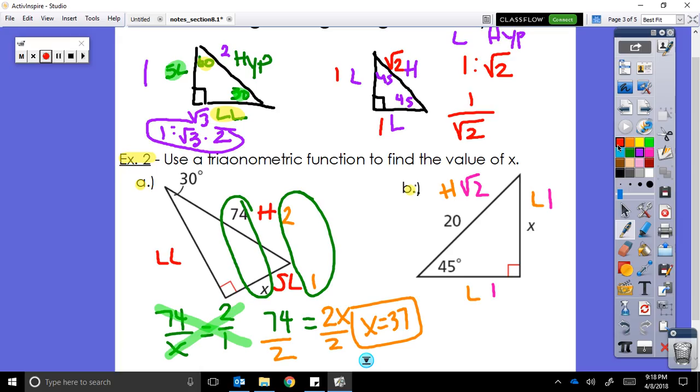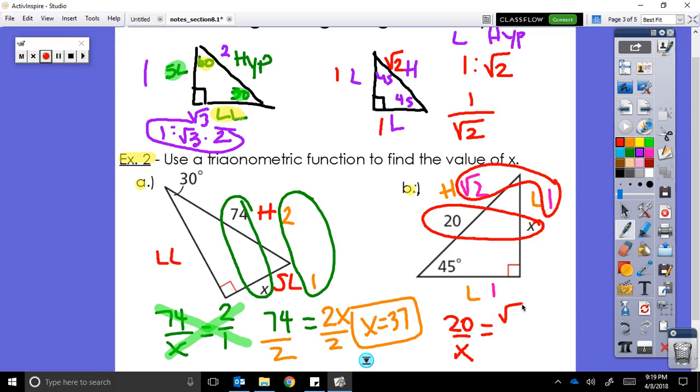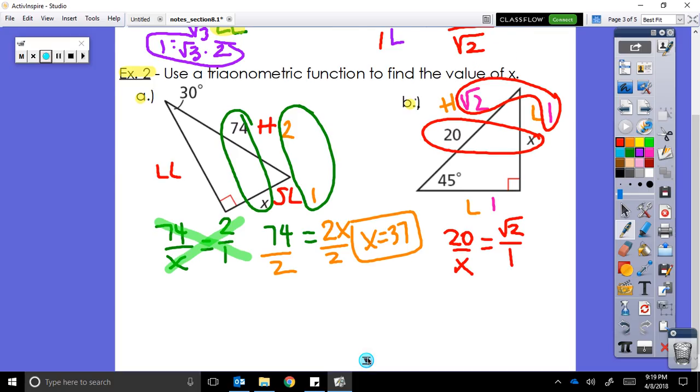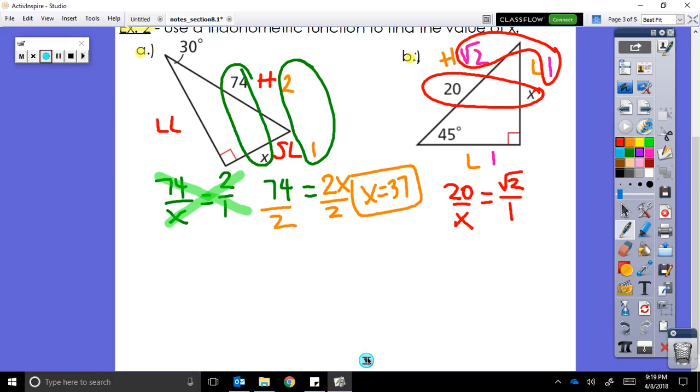Here's my first set. 20 over x equals, there's another fraction, square root 2 over 1. Alright, here's what I mean with I want you to use fractions and not do decimals, okay? So cross multiply, 20 times 1 is 20, equals, go the other direction, square root 2 x.